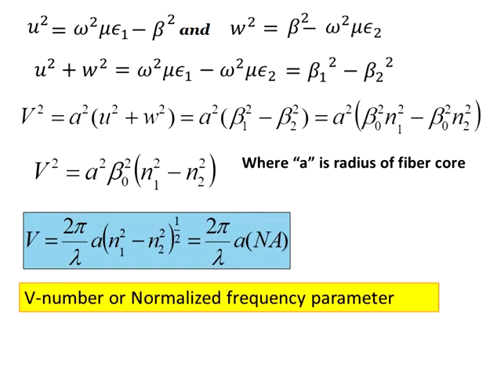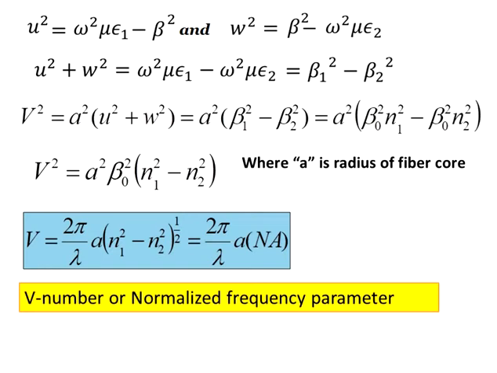So you can get this V number as 2 pi by lambda a into n1 square minus n2 square raised to 1 by 2. And we know that n1 square minus n2 square raised to 1 by 2 is nothing but the numerical aperture of the fiber. So we get the equation for V number as 2 pi by lambda a into NA.